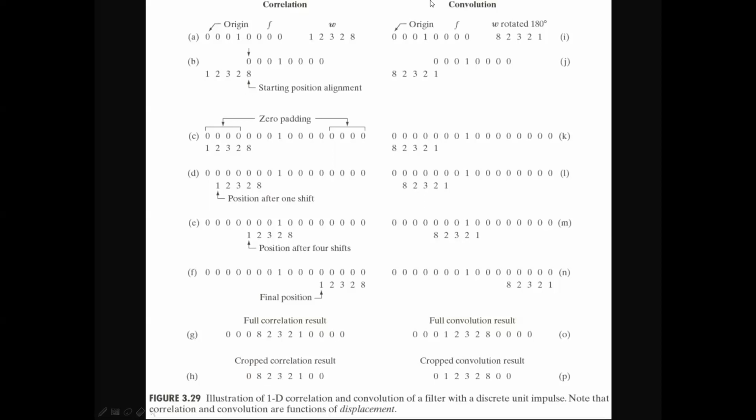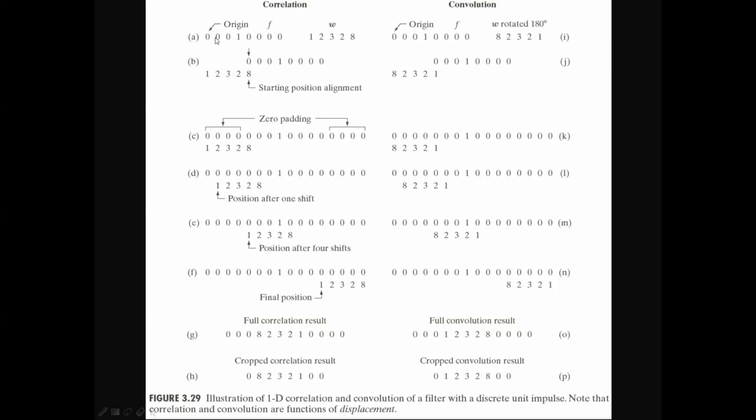In the same manner, in convolution also, we need to take the zero padding, but the only difference is that we need to take the mask rotated by 180 degrees. Here you can see the difference between correlation and convolution.